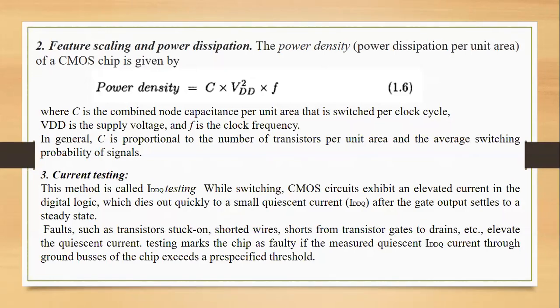IDDQ. So what is the need of quiescent current? It is going to represent faults such as transistors stuck on, shorted wires, and shorts of the transistor gates to drain.